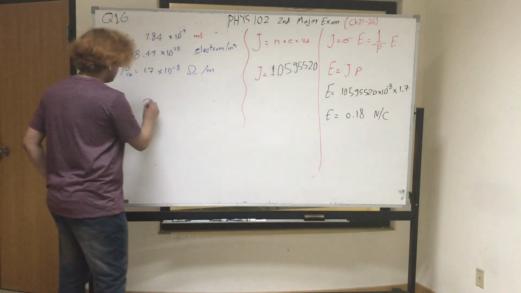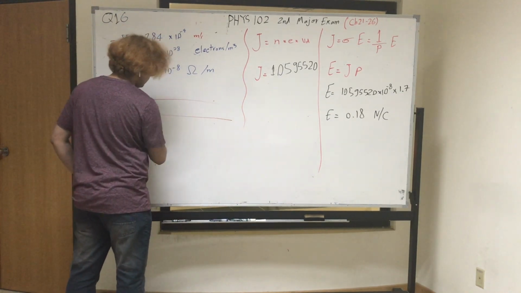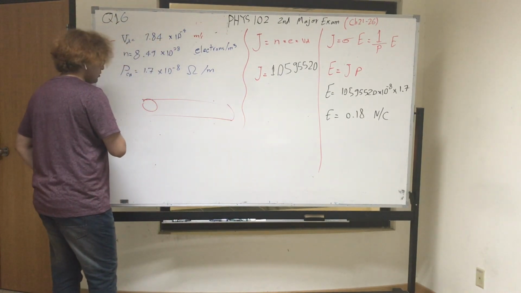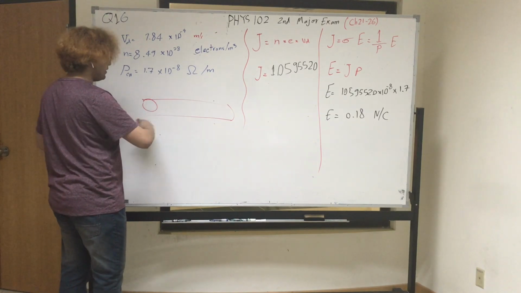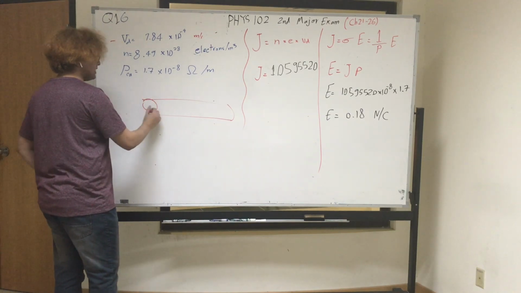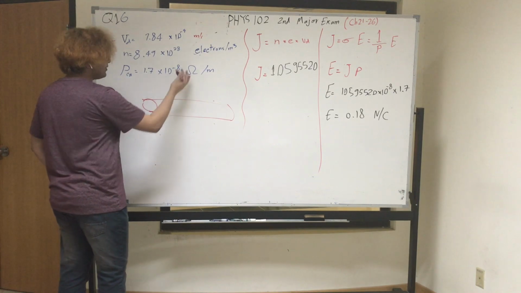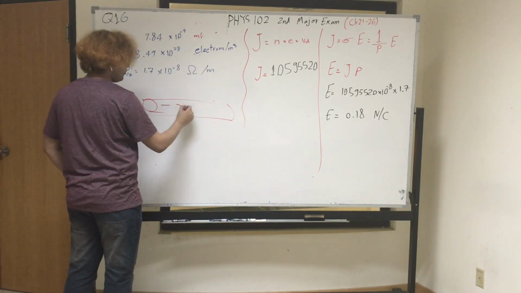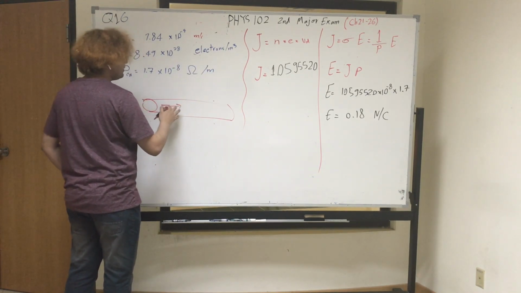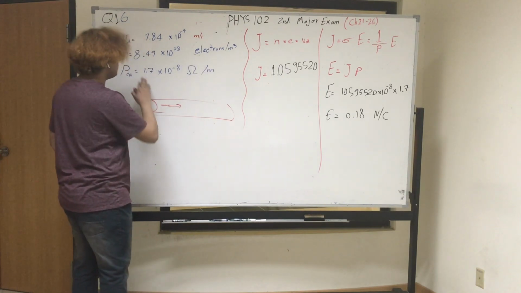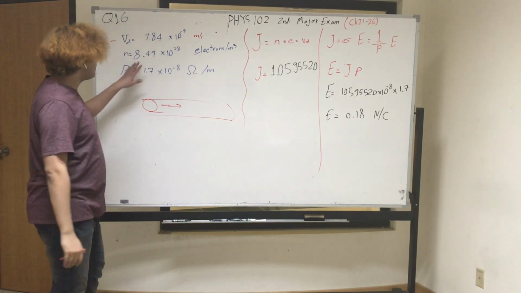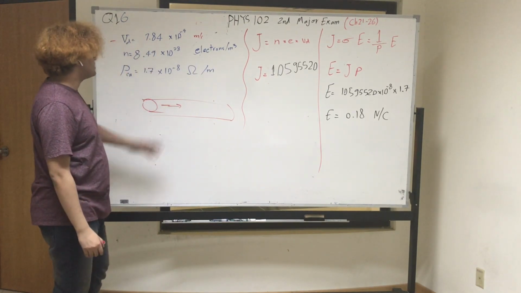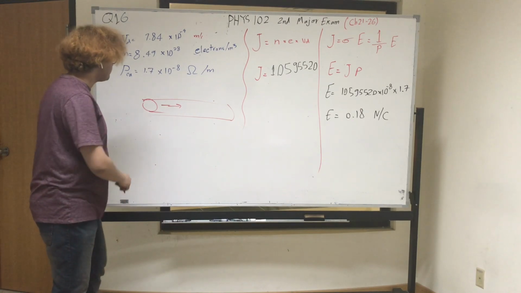Like, imagine we have some sort of wire like this. So this wire, if we zoom into it, will look like a cylinder. So the number of electrons that flow in the wire per unit volume is equal to N, or 8.49 times 10 to the 28.